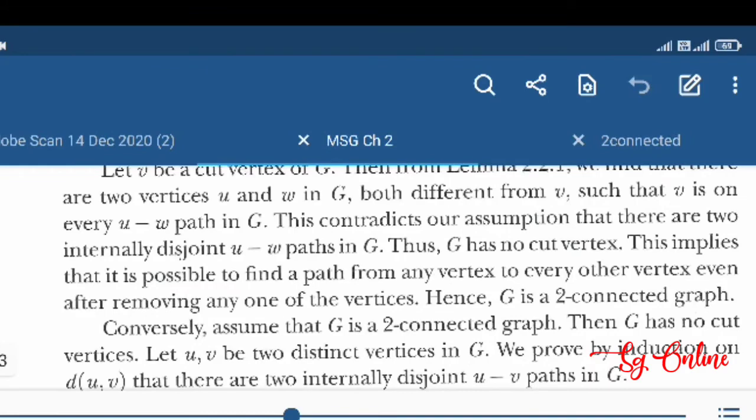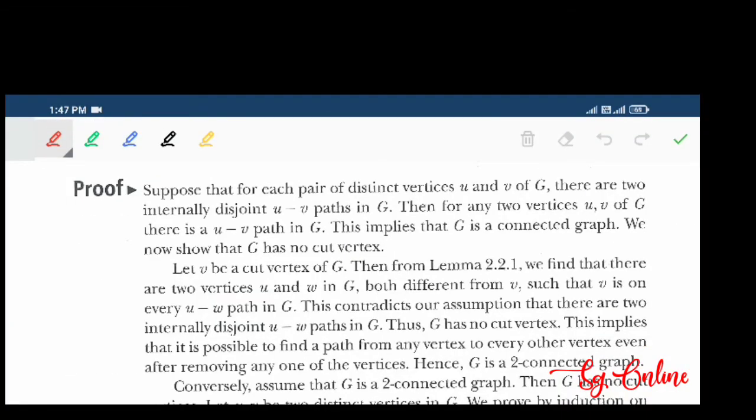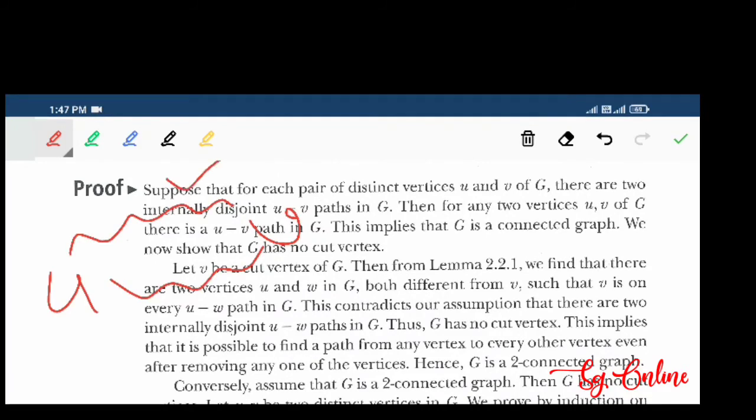I am again showing it by diagram. So you see that if you have two vertices u and v, and since it is given that between any two distinct vertices there are two internally disjoint paths, at least you have one path, and so the graph becomes connected. Now we want to show that the graph has no cut vertex to prove that the graph is two connected.